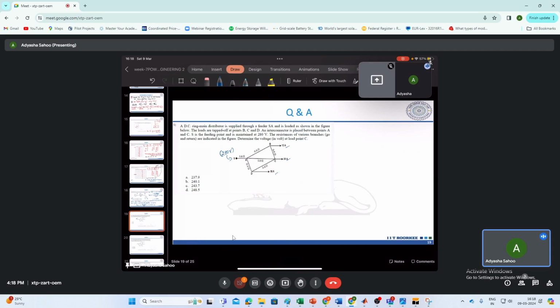Okay, so here let us assume this current is I1. So basically we need to apply KCL here, right? Let this be I1 and this be I2. So at B, if I write the KCL, it is I1 plus IBC. Let me assume IBC is in the other direction.